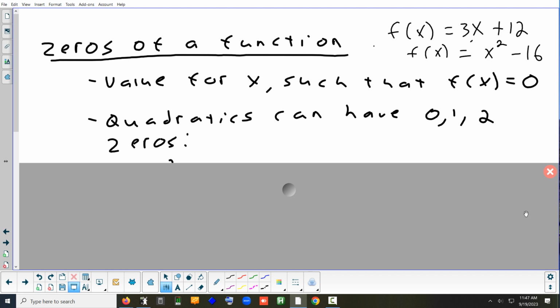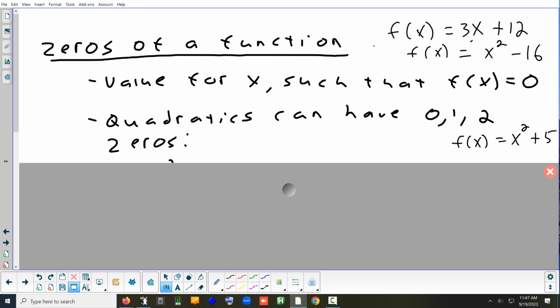Well, that's a quadratic. Quadratics can have, I just showed you an example with 2, but they can have 0, 1, or 2 roots, or zeros. Roots, zeros, same thing. How could you have 0? Well, think of it like this. f of x equals x squared plus 5.